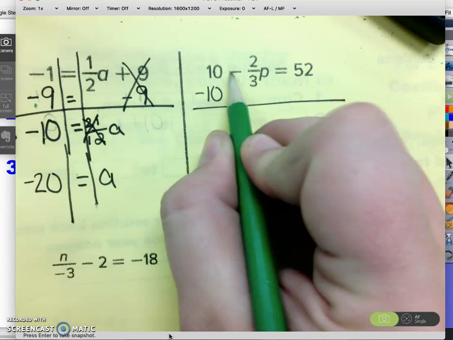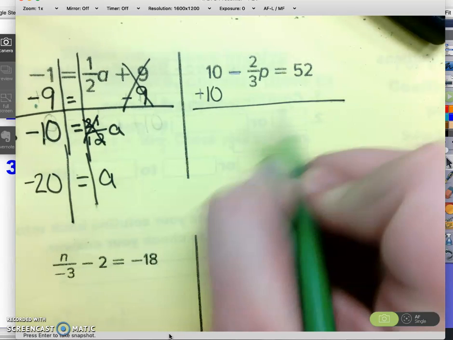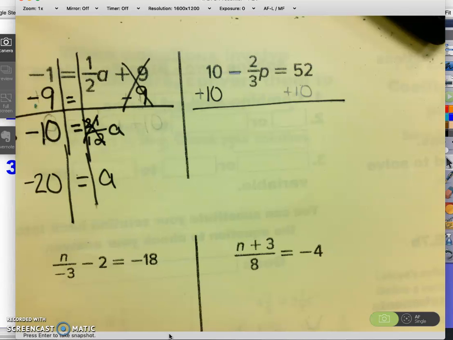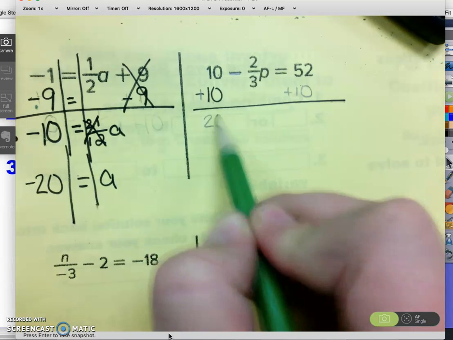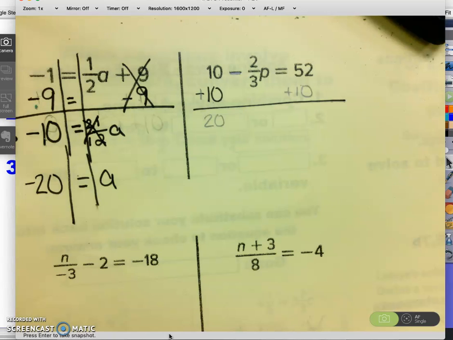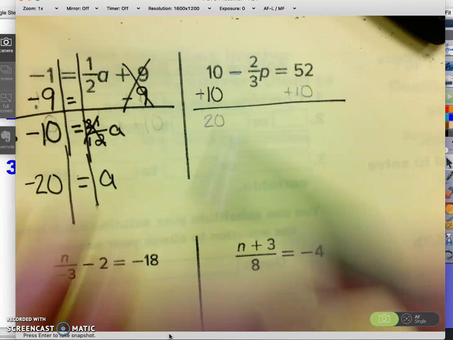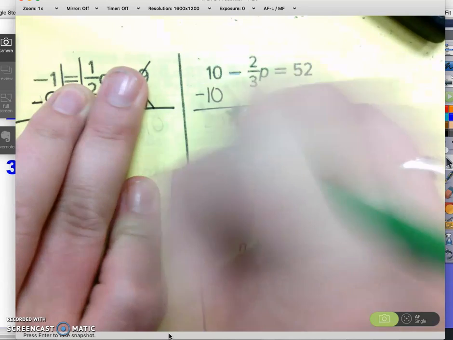A lot of kids will see a minus here and say, oh, plus 10 on both sides. 10 plus 10 is what? 20. I'm trying to get rid of that 10, and I just made it 20, right? So I don't add it, I have to subtract it.